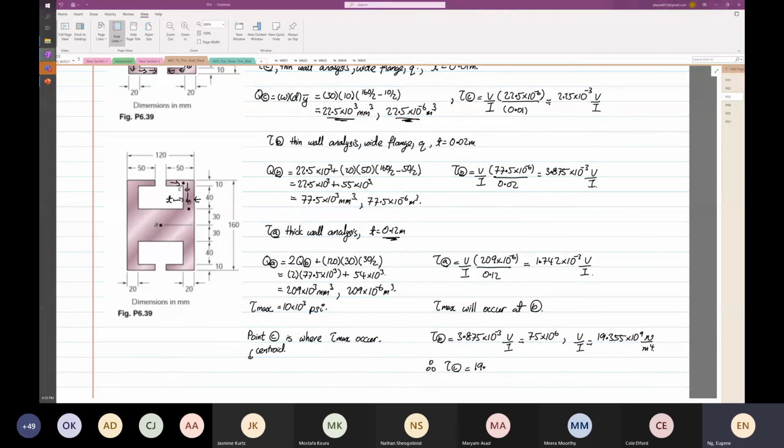So 19.355 times 10 to the power 9. At point C is 2.25 times 10 to the power minus 3. Professor, I think you made a typo. You wrote tau max will occur at B, but I think you meant C. No, it's at B. Then how come on the bottom left it says point C?